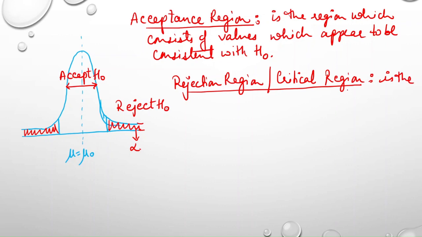So it's the region where H naught is rejected.